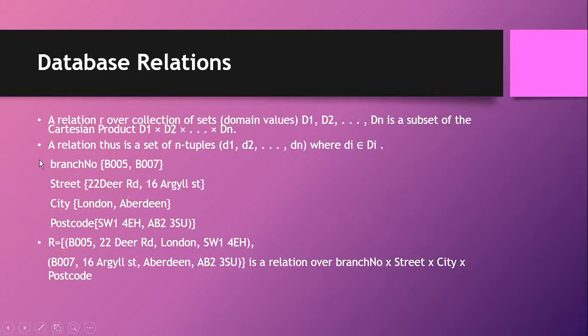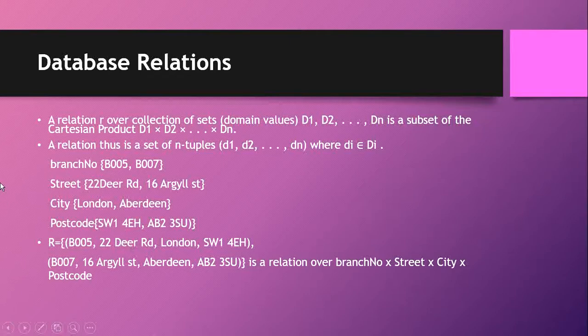So you can consider branch number as D1, street as D2, city as D3 and postcode as D4. From these values you can see that d1 belongs to domain 1, that is branch number.